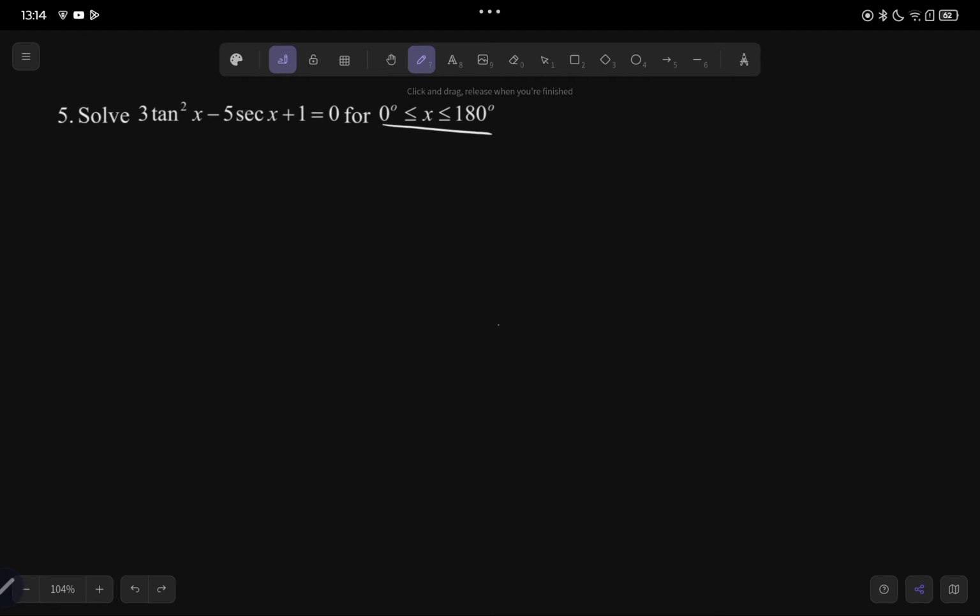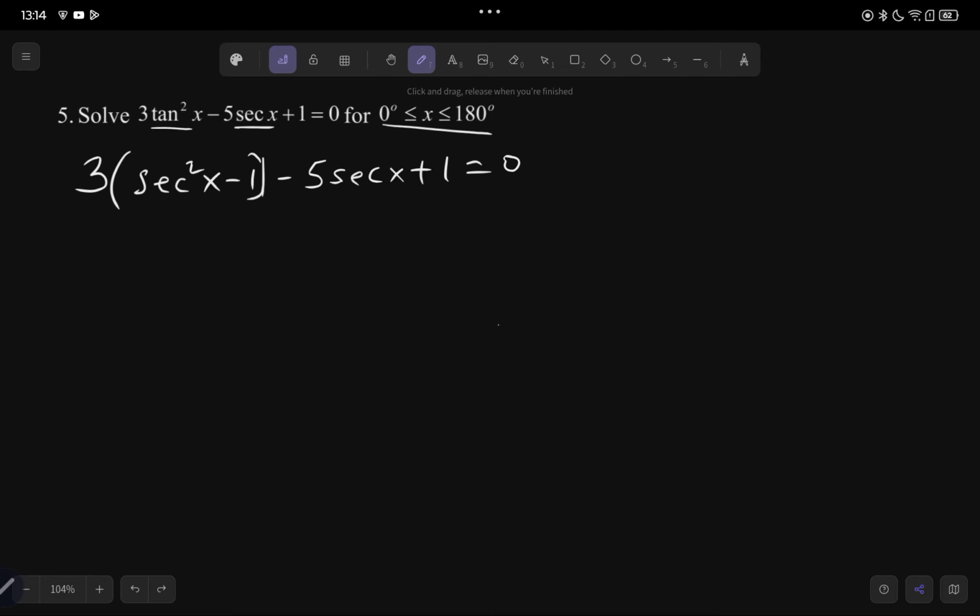Now the trick is to change everything to either sec x or tan x. But if you are thinking tan x, we shall have square roots which will disturb us. So my advice would be change to sec. So if I change to sec, I will have 3, now tan squared x is the same as sec squared x minus 1, then minus 5 sec x plus 1 is equal to 0.